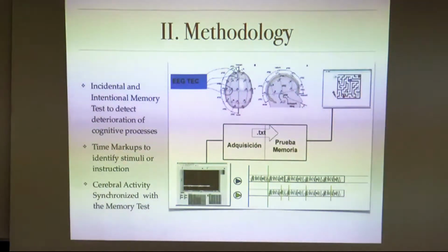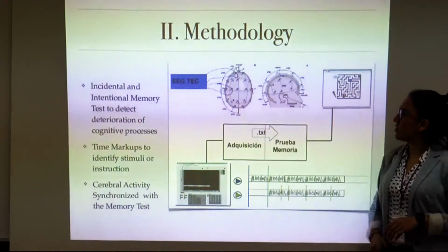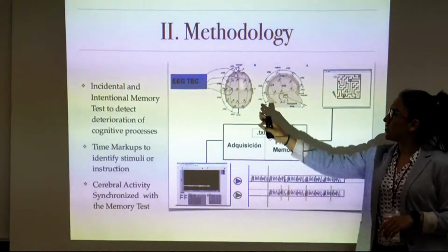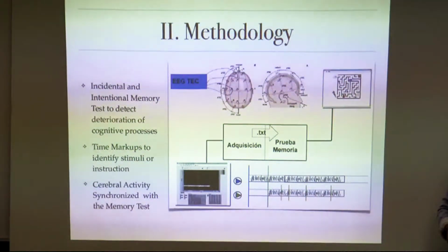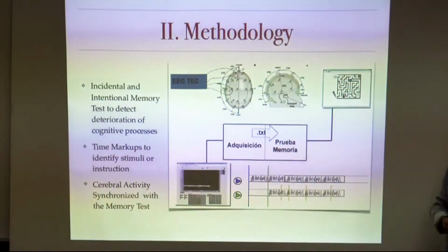The cerebral activity synchronized with the memory test can also show us the neuronal activity in different neuronal circuits. Over here in this figure, we have a diagram of how the test is carried out. We have two devices. The first one is for acquisition of the EEG signals, and is placed on the participant using the international 10-20 system for the EEG signals.